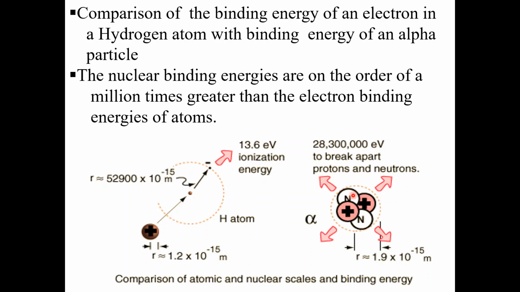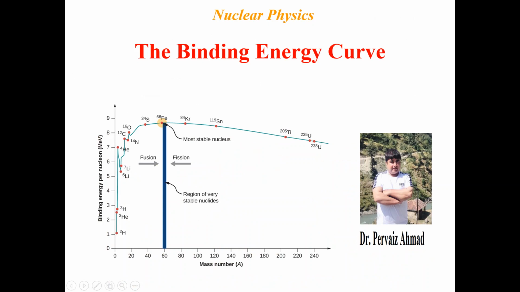But if you want to break the bonds between the nucleons inside the alpha particle, you need to supply 28 mega electron volts of energy to break this nucleus. So this is a short comparison of the binding energy of an electron in a hydrogen atom with the binding energy of an alpha particle.